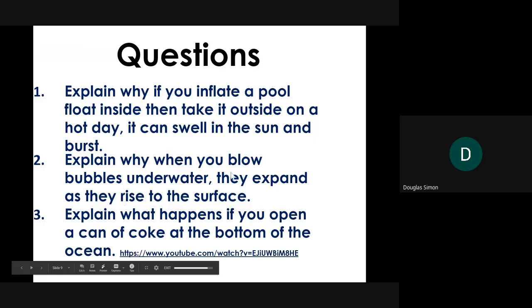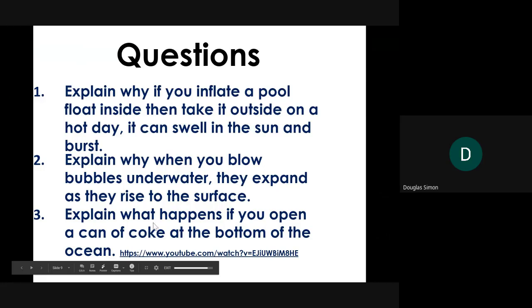So as you blow a bubble and it rises, the pressure outside it is decreasing, so the bubble itself can expand because its pressure is going to become closer to the outside pressure.